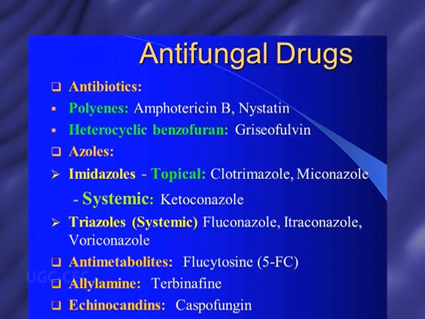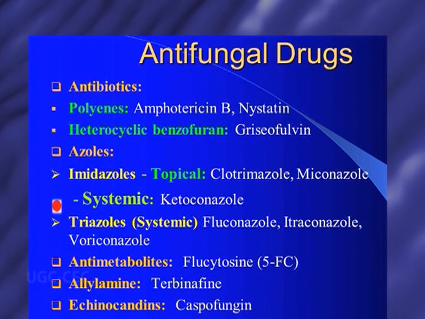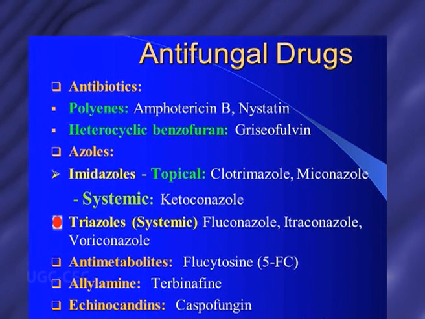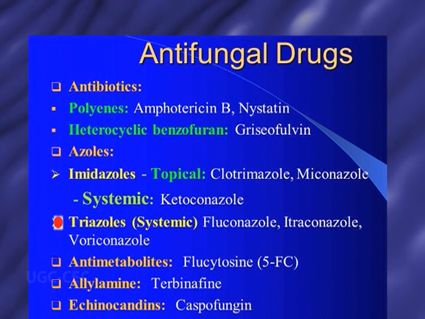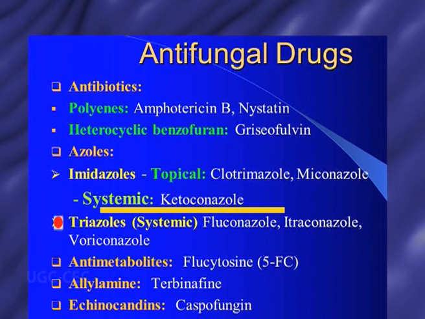Now let us have a look at the classification of antifungal agents. The antifungal antibiotics or polyenes include Amphotericin B, nystatin, etc. Heterocyclic benzofurans include griseofulvin. Azoles are the most commonly prescribed antifungal agents and they include both imidazoles and triazoles. While triazoles are only systemically administered, imidazoles may be both topical like clotrimazole or systemic, for example ketoconazole.